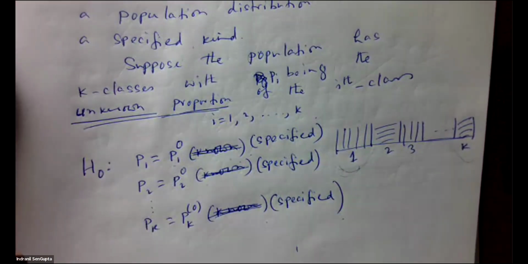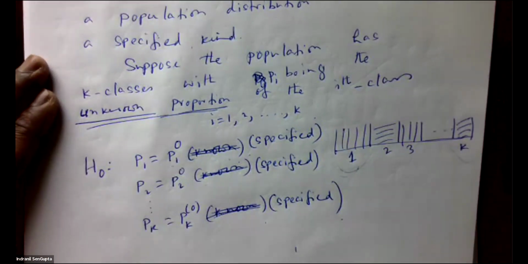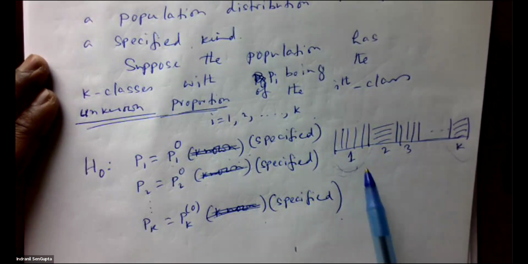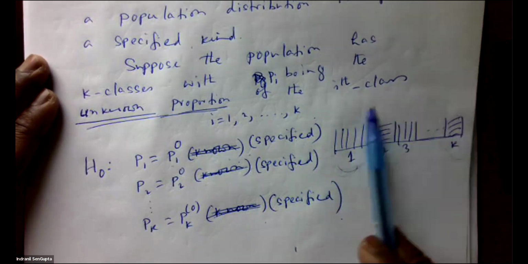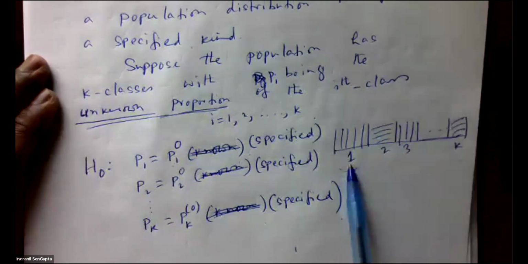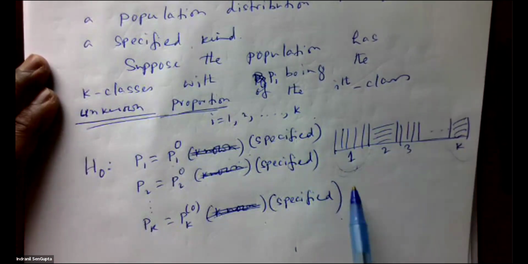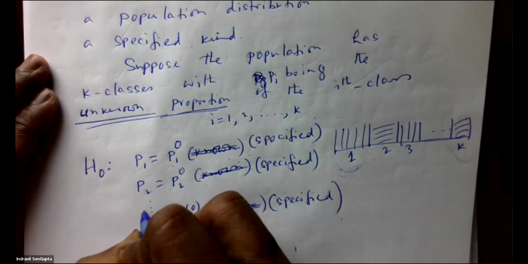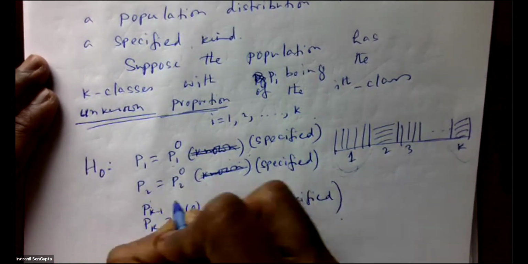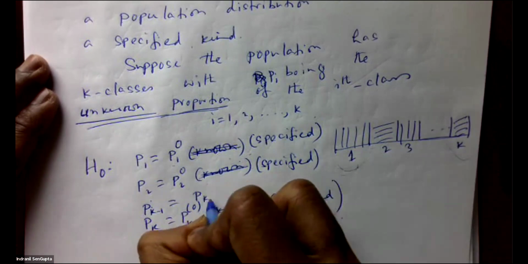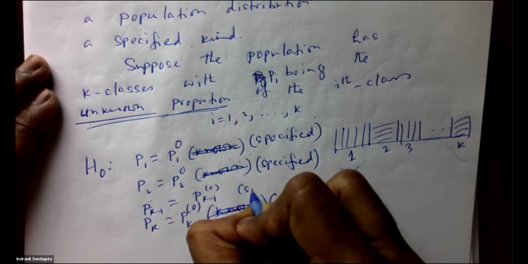How? We'll see. By the way, I must mention another thing. Since these k classes constitute the whole population, let me write one more: p of k minus 1 is p of k minus 1,0, which is also specified.